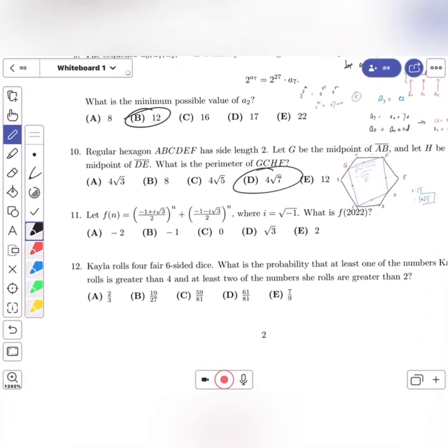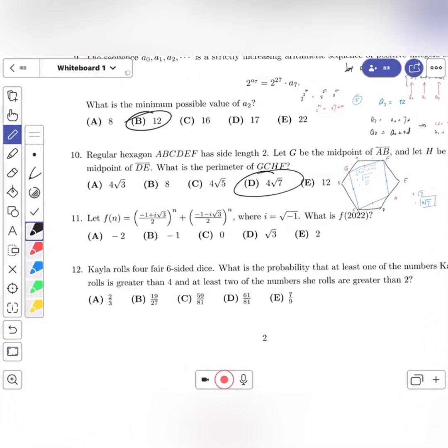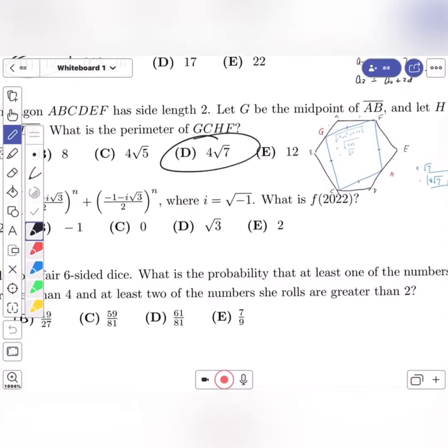Now let's go into number 11. Let f of n be the quantity negative 1 plus i root 3 over 2 to the nth power plus the quantity negative 1 minus i root 3 over 2 to the nth power, where i is equal to the square root of negative 1. What is f of 2022? So if we know roots of unity for this problem, then this one can be instantly killed.